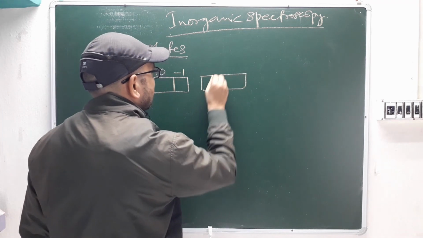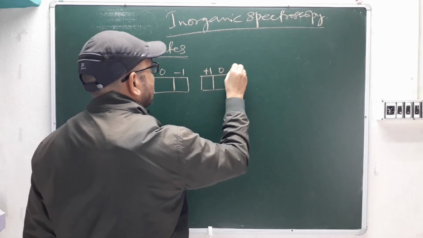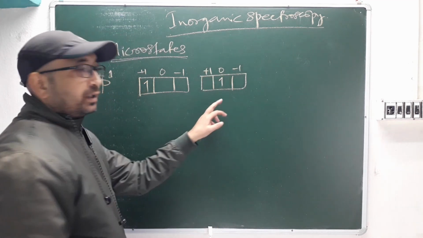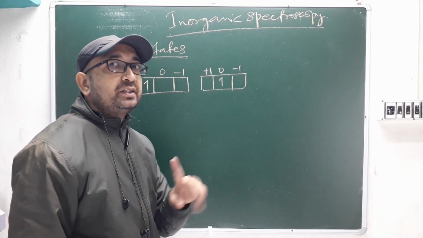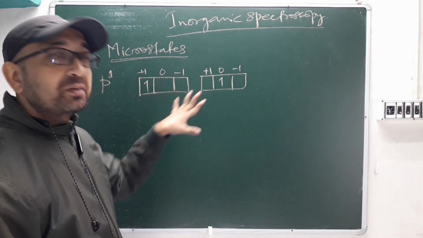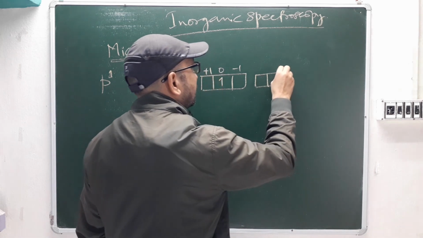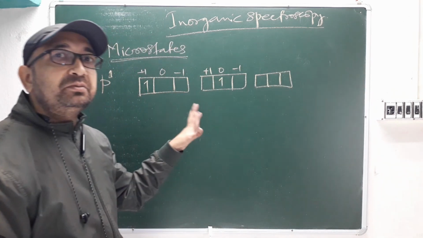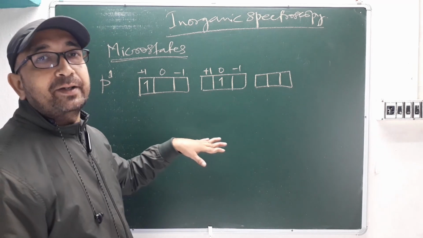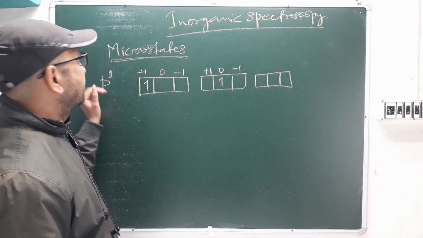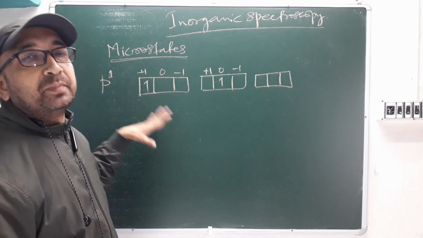Then the second possible is 0, then minus 1. The electron can be in this place. If one electron is there, those may be the possibilities. Whatever the possible ways of arranging an electron, that is the microstate. So we have to find out how many microstates are present in p1.